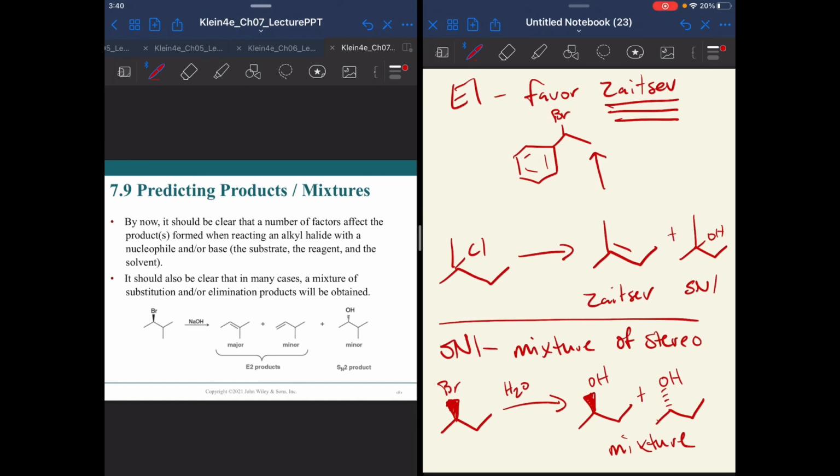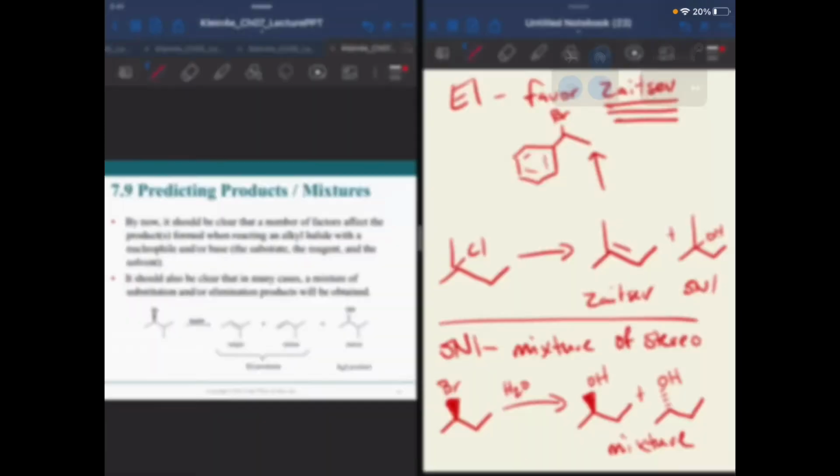I highly recommend you take a look at the charts on eCampus in your extra practice folder. It will be a helpful guide as you are starting to navigate solving these problems. I will also post another video this week of me just working through problems. So once you get past part 4 in the lecture, now you can really start practicing predicting products and predicting mechanisms.